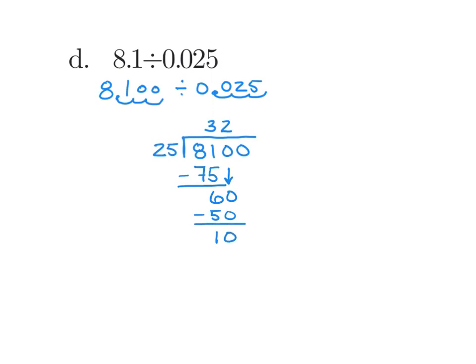Subtract, we get 10. We bring down the 0. And 25 goes into 100 4 times. 4 times 25 is 100. Subtract, we get 0. And so our final answer is 324.